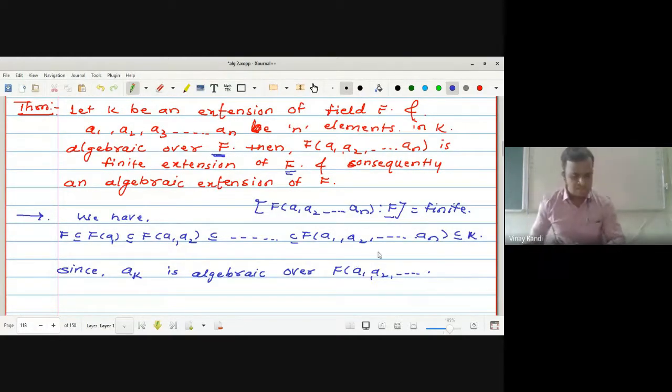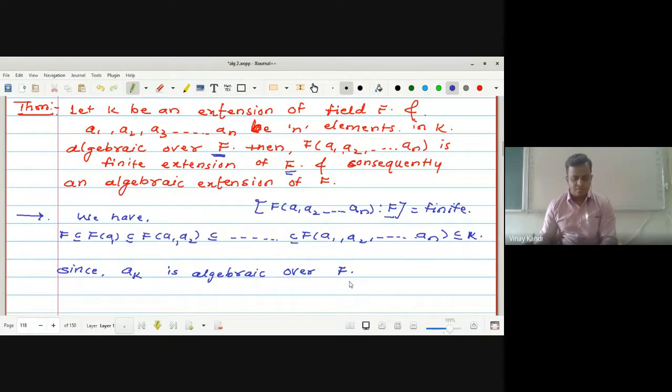Since AK is algebraic, the n elements A1, A2, A3, An in K are algebraic over F. We have taken any arbitrary element AK, which is algebraic over the field F.